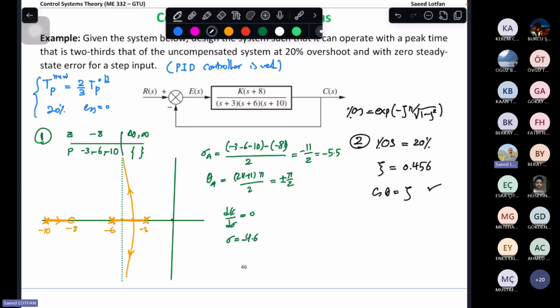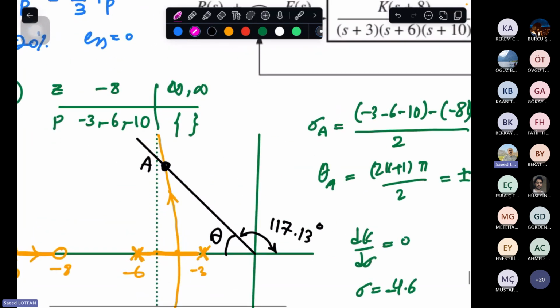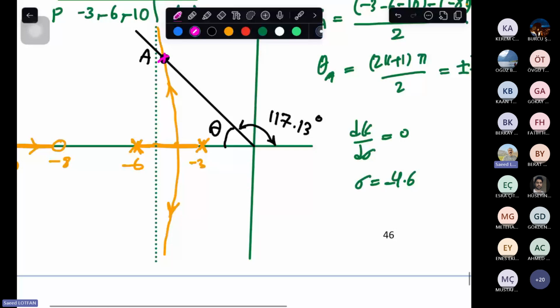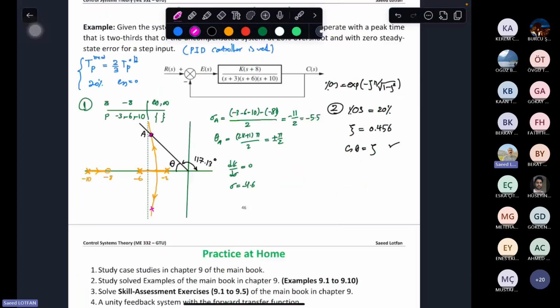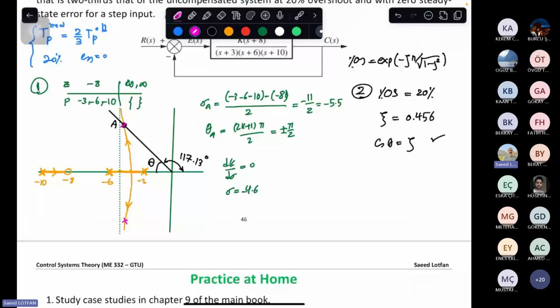So if I draw this line, this is theta. I get 117.1 degrees, and this is the condition that the system is working on. I have here two poles, the current system, step 2.